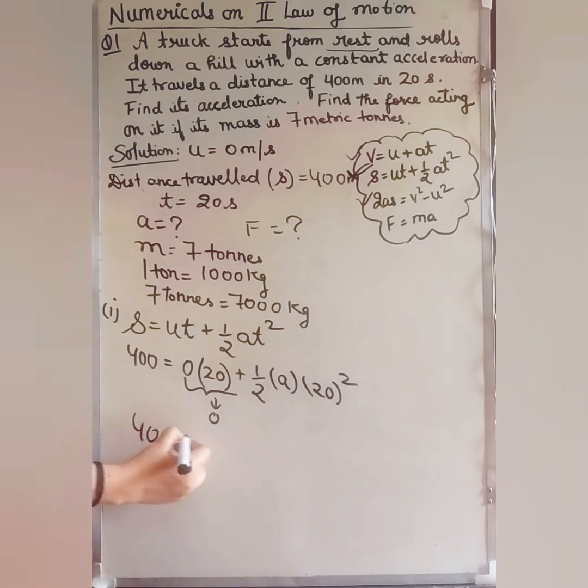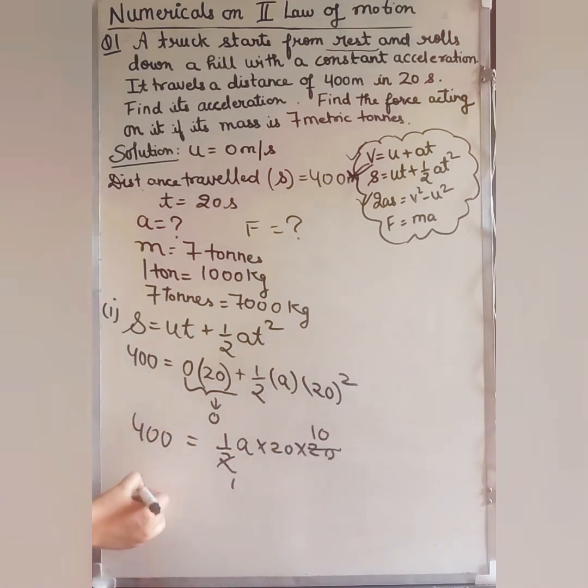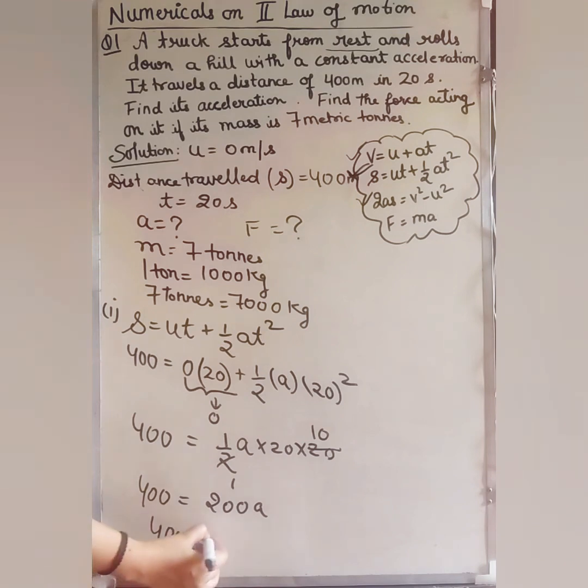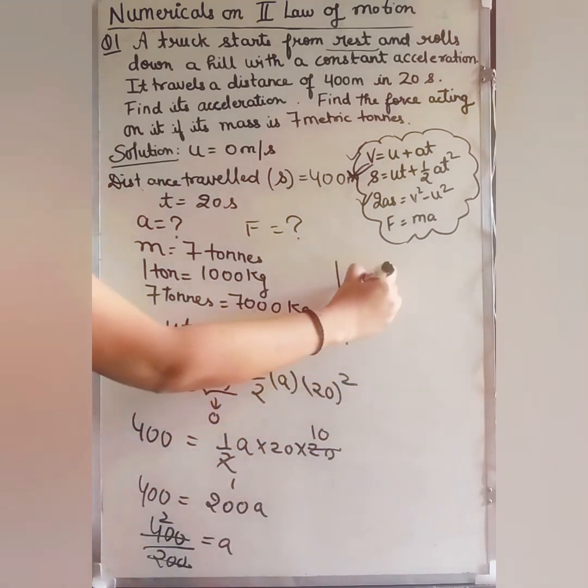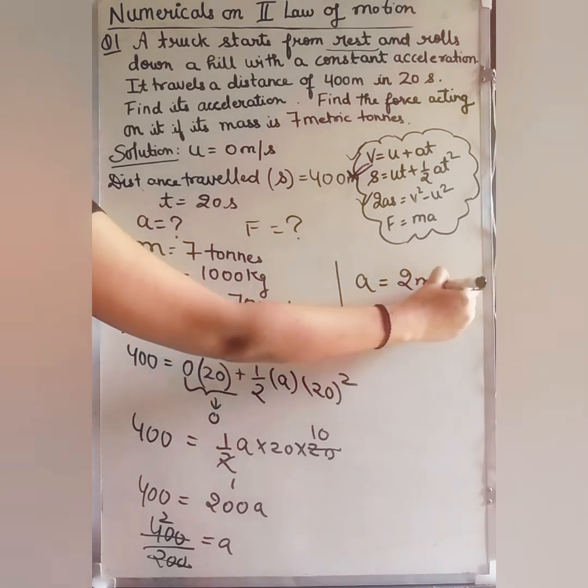So 400 will be equal to half into A into 20 whole square, meaning 20 into 20, which is 400. So 400 equals half of 400 into A, that is 200A. So 400 upon 200 will be equal to A. So it will be 2. So the value of acceleration is 2 meter per second square.